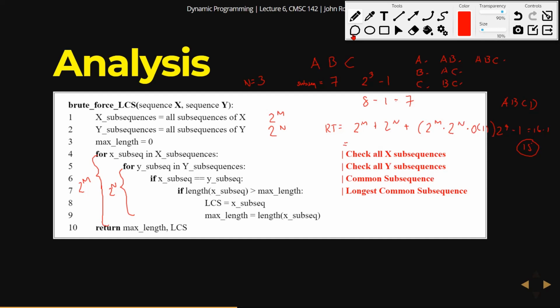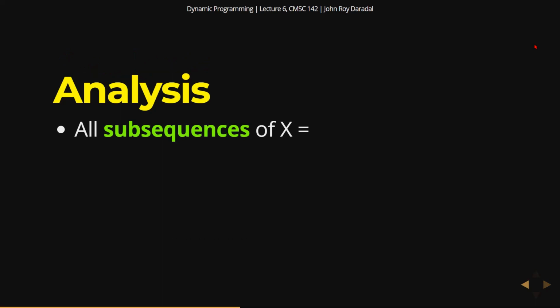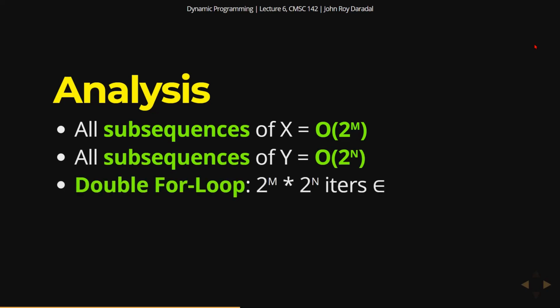So in total, that would be 2^m plus 2^n plus 2^m times 2^n, which is O(2^(m+n)). So you are exponential in the running time. Again, all subsequences of x is 2^m, subsequences of y is 2^n, and the double for loop will have 2^m times 2^n.